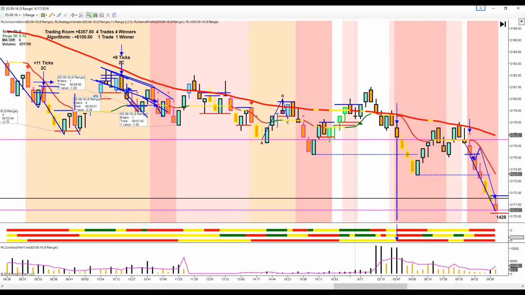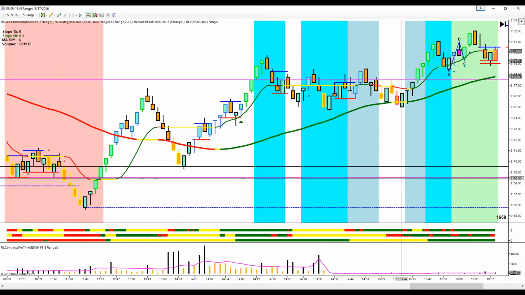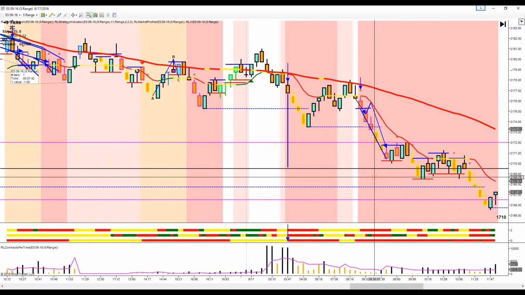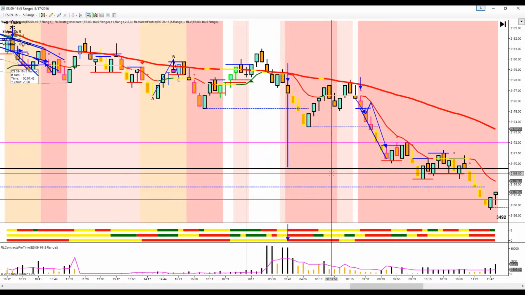Now, unfortunately, because we closed and opened the NinjaTrader, the only thing that's absolutely real is what we're seeing from today. It shifts everything over by one candle because of the way that the platform is coded when you have a fractal indicator.